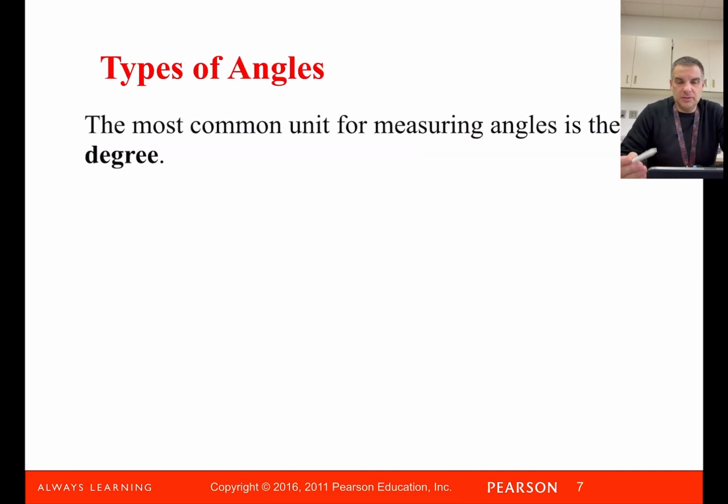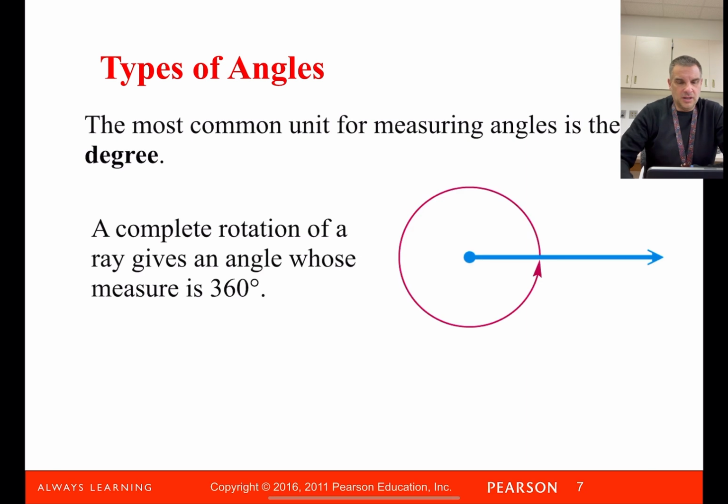The most common unit for measure of angles is degrees. 30 degrees, 60 degrees, 90 degrees, 180 degrees, 360 degrees, 540 degrees, and all those various different types of degree measures. And that's the most common that we use. A complete rotation around a ray is 360 degrees. You know that. I mean, you hear skateboarders or skiers doing 360s or 720s or 1440s or whatever.